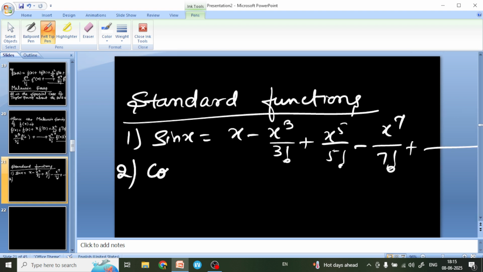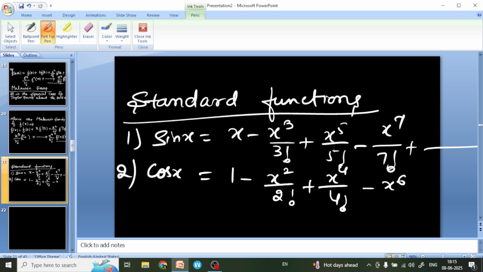Second one is cos x, that should be equal to 1 minus x square over 2 factorial plus x raised to power 4 over 4 factorial minus x raised to power 6 over 6 factorial. Sin x is according to odd powers and cos x is according to even powers.